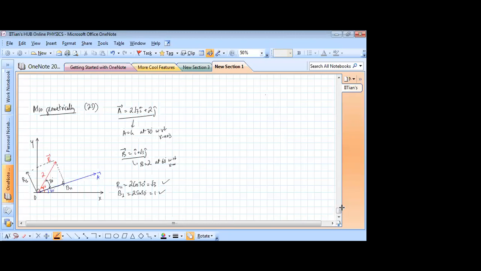Ananya, in this case, we can't get the answer directly by looking at the coefficients of i cap and j cap. But we can get it by the dot product method. The components are expressed as magnitudes in this case.